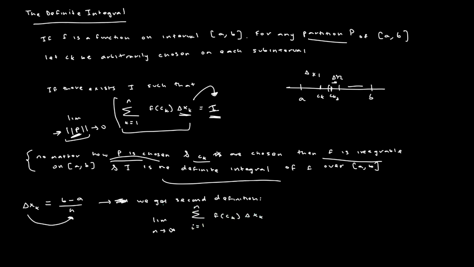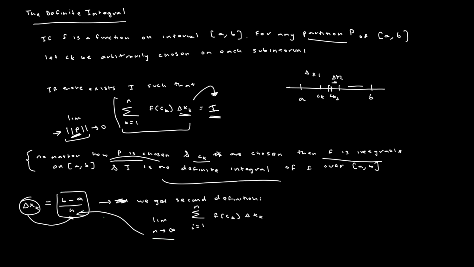And so that means that all delta xk are the same size. We're saying that this is the size b minus a over n. And by doing this limit as n tends to infinity, we're creating an infinite number of intervals.